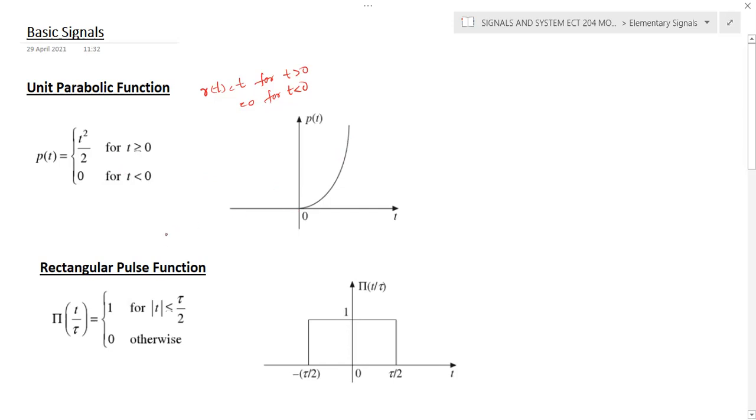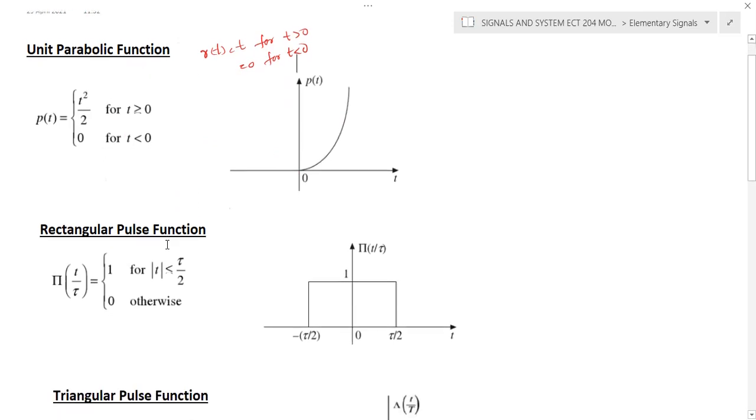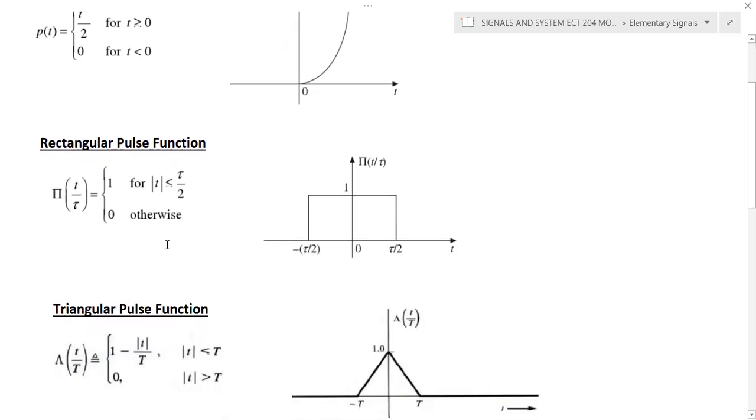Okay. Now we can discuss another important function, and that is the rectangular pulse function, also known as the gate function, or a pulse. So the general equation is pi of t by tau. Okay, it's also written as rect of t by tau.